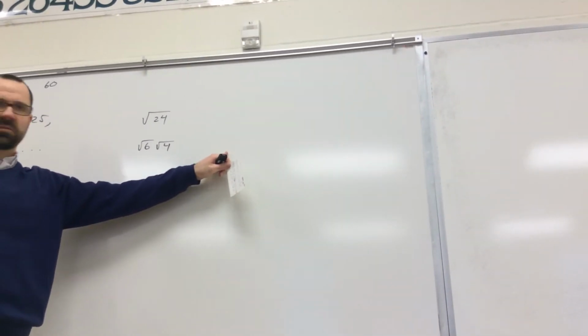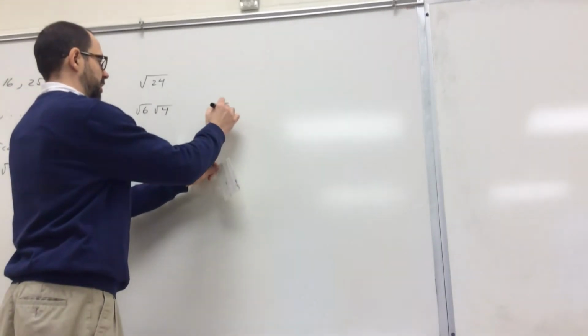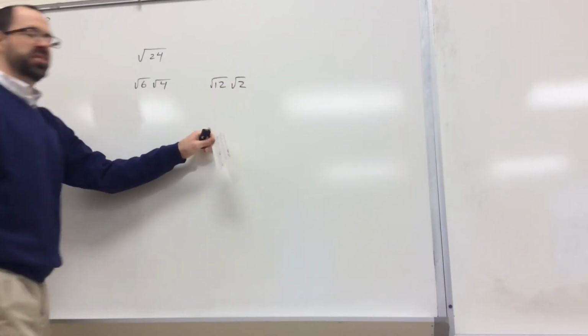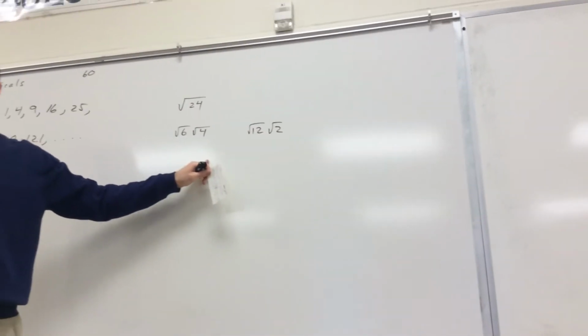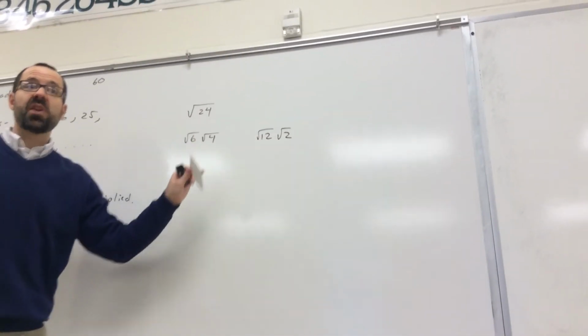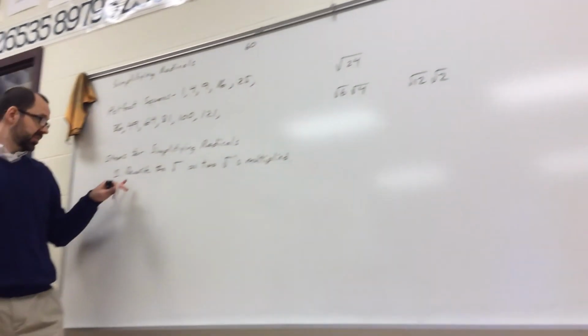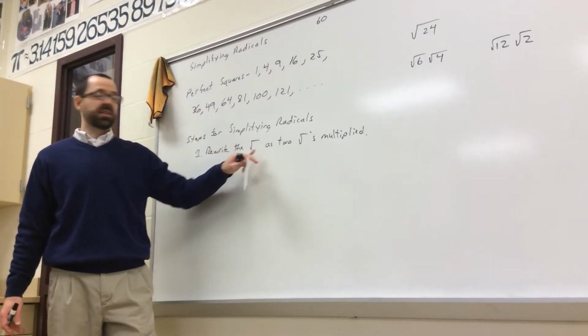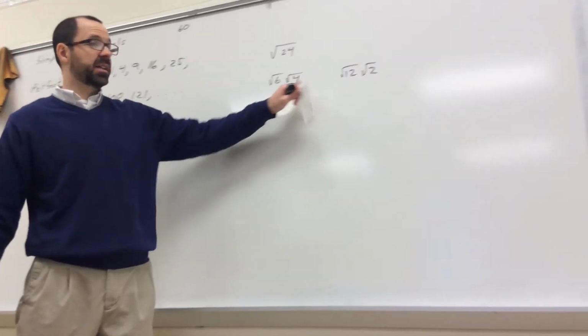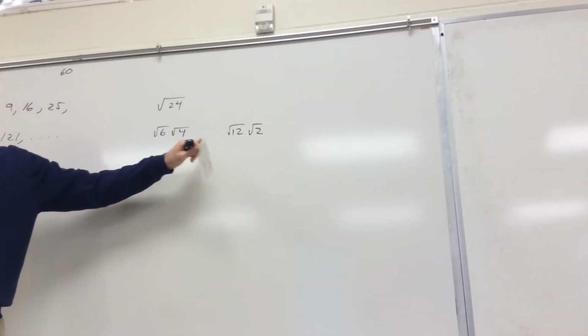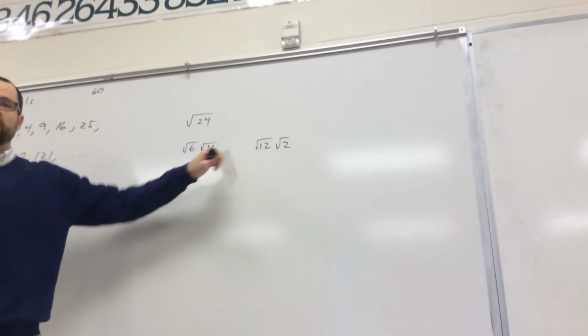Yeah, 12 times 2, awesome. And I guess you could do 1 times 24. Okay, so here are 2 ways to follow the first step. The first step said rewrite the radical as 2 radicals multiplied. So that's what we did here and here. For now, either one is following step number 1.